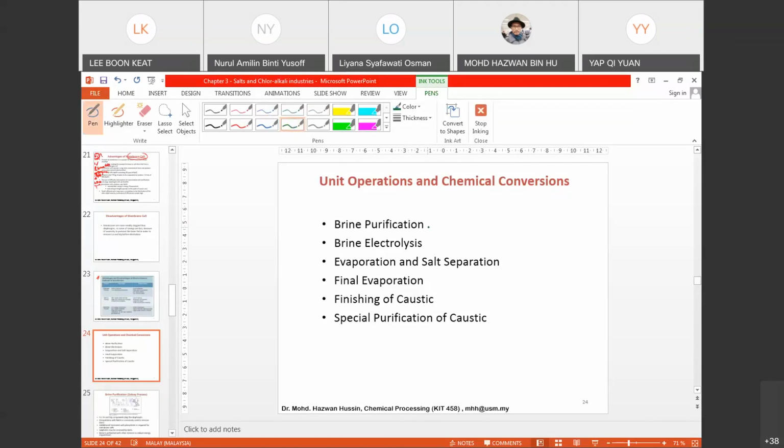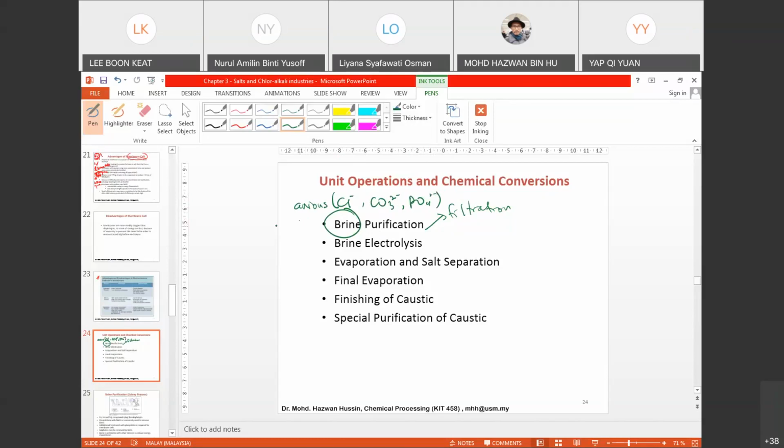Brine purification can be performed by using filtration. Okay, so remember I told you earlier that in your brine, you may have other things like different anions, chlorides. What else? You can also have carbonate, phosphate, and many things that may exist in your brine solution.